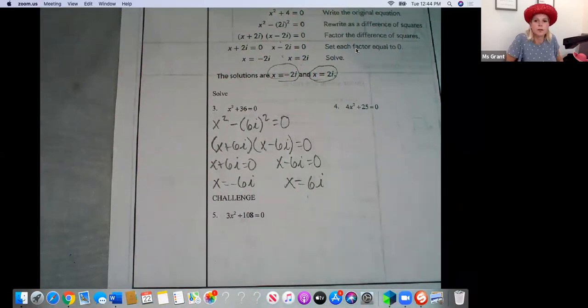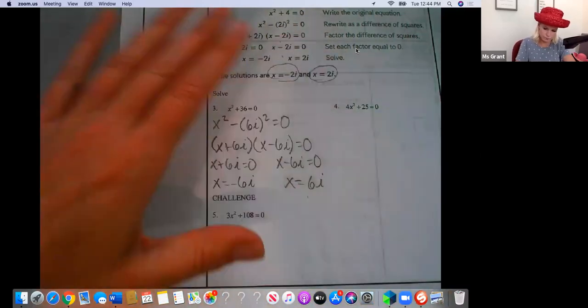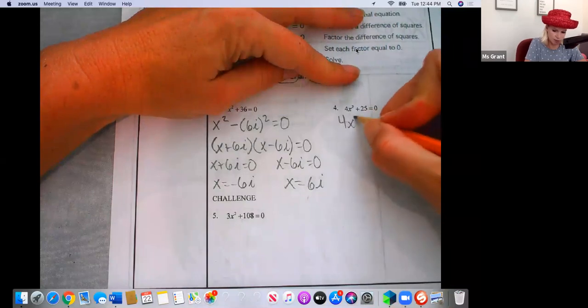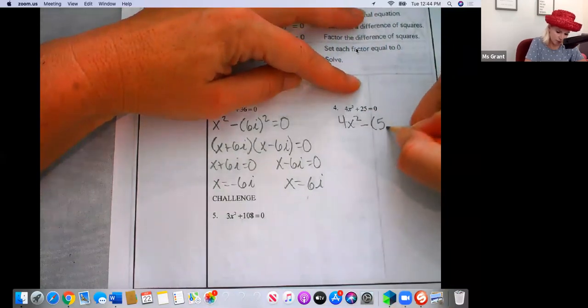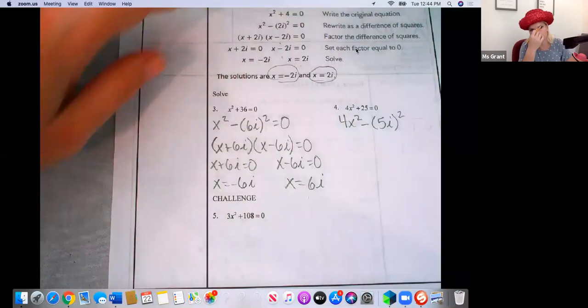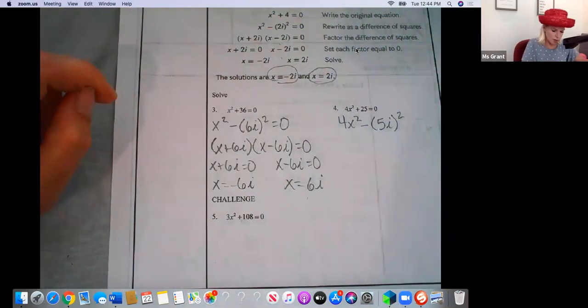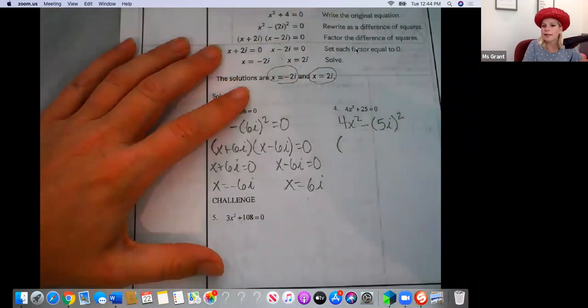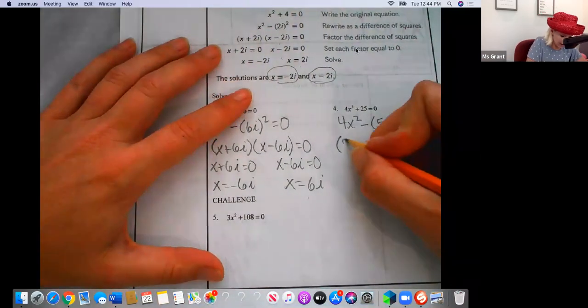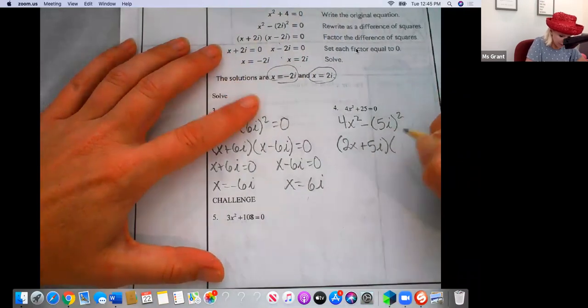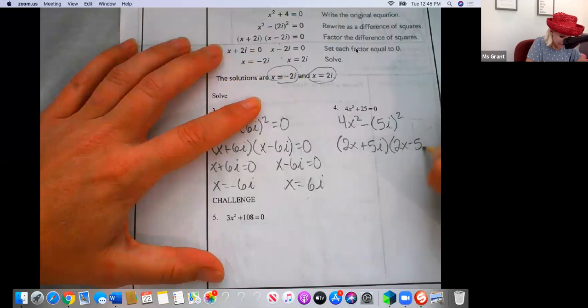Next one, 4x squared plus 25. We're going to do the same thing that I did in the last ones, 5i squared. 4 is a perfect square, 25 is a perfect square, so 4 is 2 times 2. 2x plus 5i, 2x minus 5i equals 0.